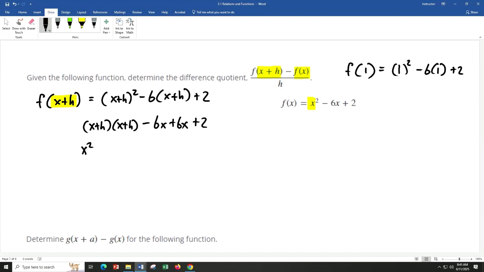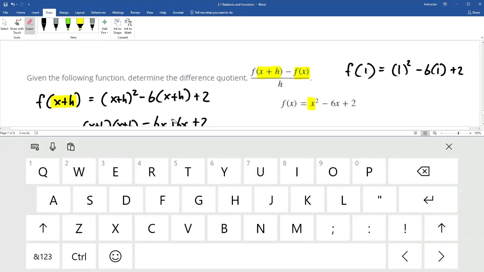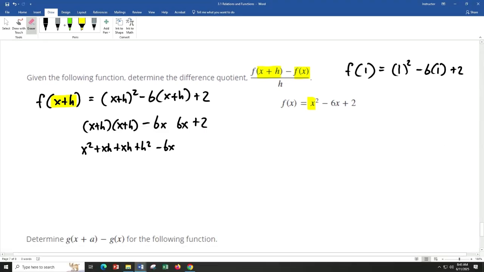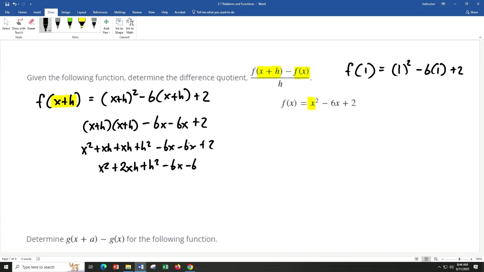So then I get x squared, and then I get what? Plus xh plus xh plus h squared, okay, minus 6x, oops. I messed up on that one right there, didn't I? Because I'm carrying that negative in there. And then I get minus 6x minus 6h plus 2. Combine it all together, and you get x squared plus 2xh plus h squared minus 6x minus 6h plus 2. Well, that's all been pulled together, right?